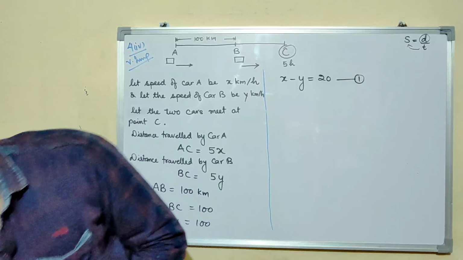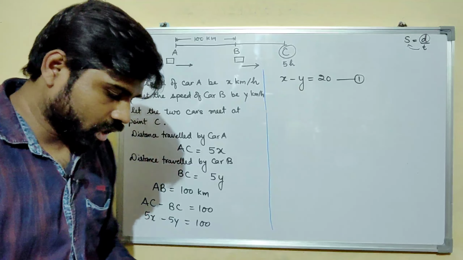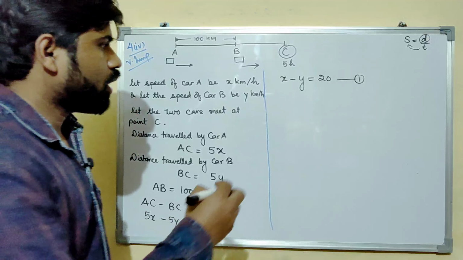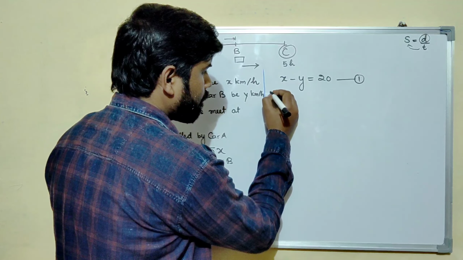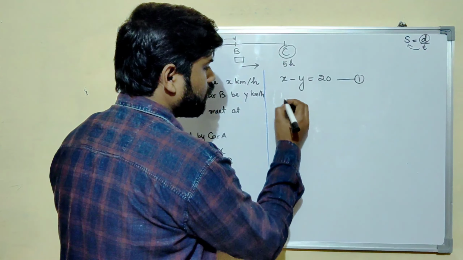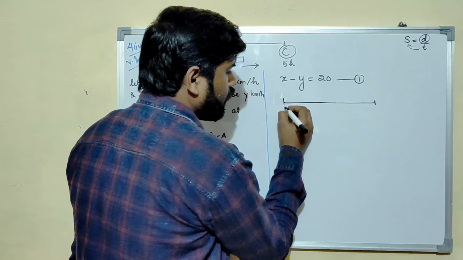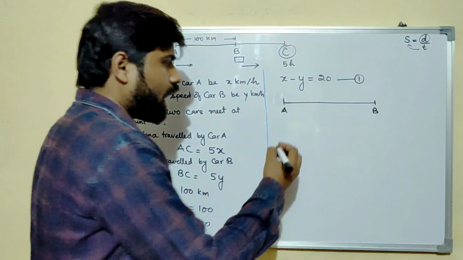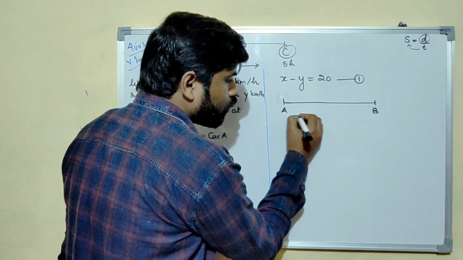Now they have given you the second condition, which says that if the cars travel towards each other. Now for the second condition, let me just draw the figure. These are the two places which are 100 km apart, and now the cars are traveling towards each other.